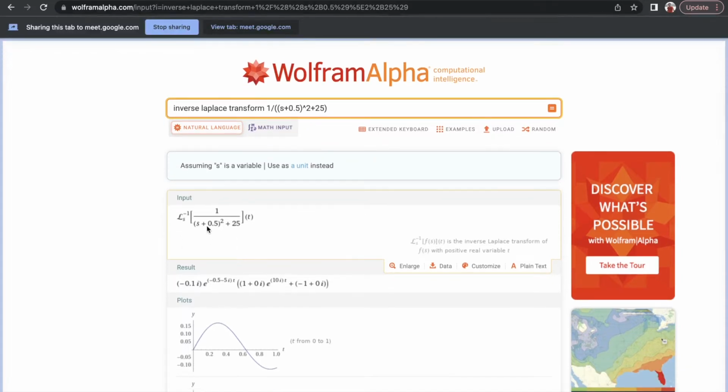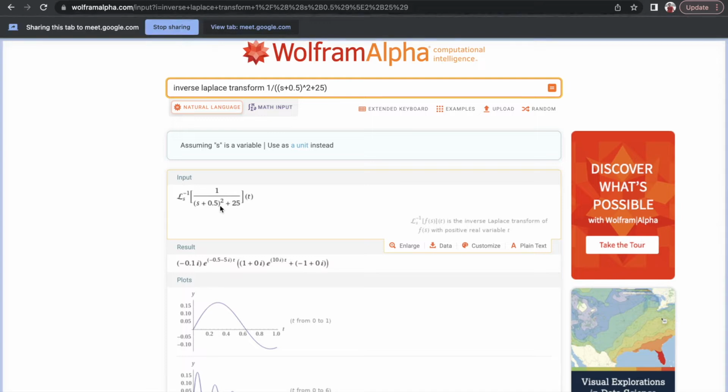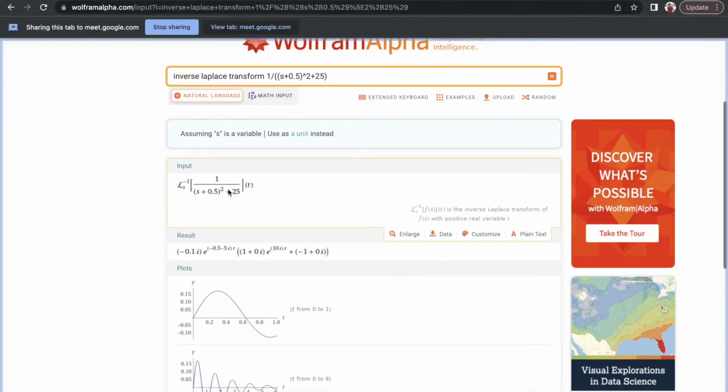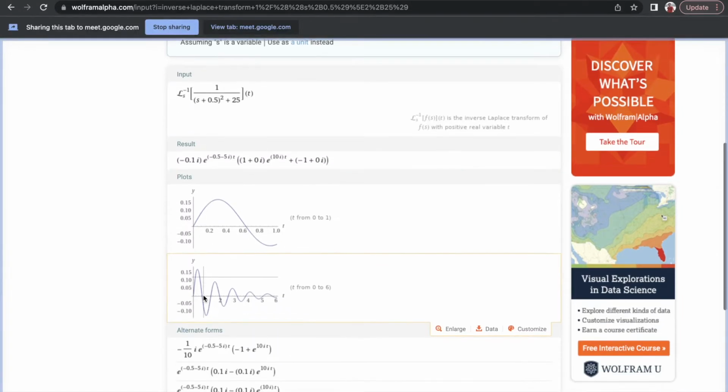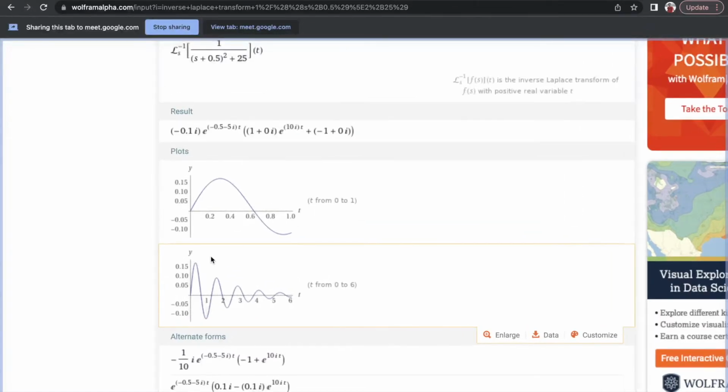Now you can verify this will have the poles at minus 0.5 plus or minus 5j. Look, now you can see the oscillations are being died out. As the time increases, the oscillation is dying out. As time goes to infinity, it will be converging to 0.